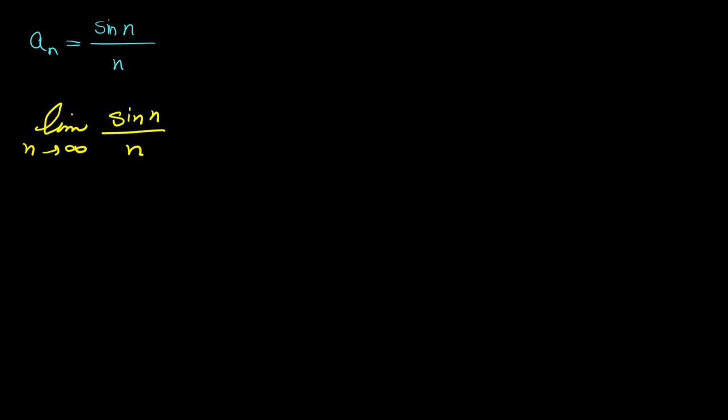We know that sine is between -1 and 1, but we don't know any value for that. And if you remember from the limits of functions like this, for finding such limits, we use the squeeze theorem or sandwich theorem. So for finding this limit, we use the squeeze or sandwich theorem.